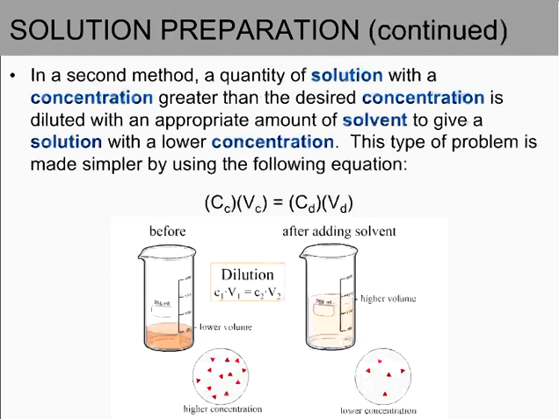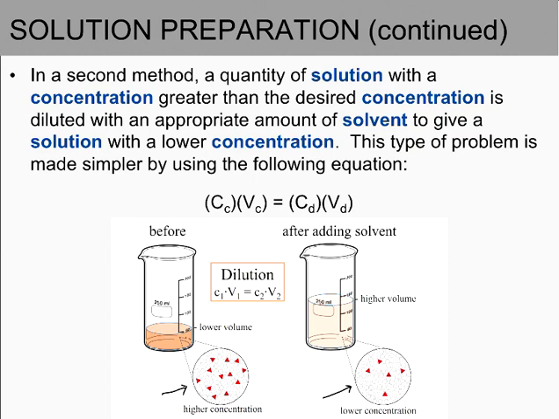Now, one thing is down below in the figure, the higher concentration solution has more solute per volume. So you'll notice that the solute particles are pretty close together. There's a lot of them. And then in the dilute solution, those solute particles are more spread out, and there are less of them.